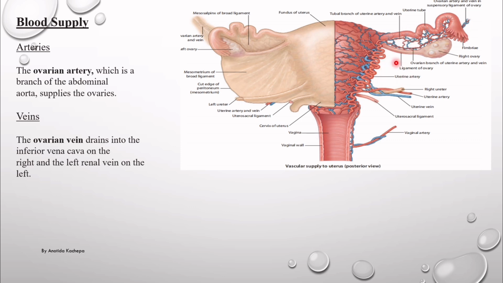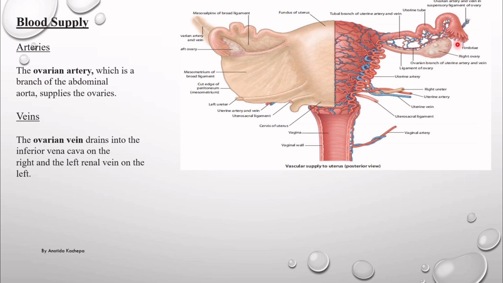Before that, we should take note that there is an anastomosis between the artery from the internal iliac artery called the uterine artery and the branches from the ovarian artery. So technically we can say that the ovary has dual blood supply from the ovarian artery and also from the uterine artery. The uterine artery gives branches.